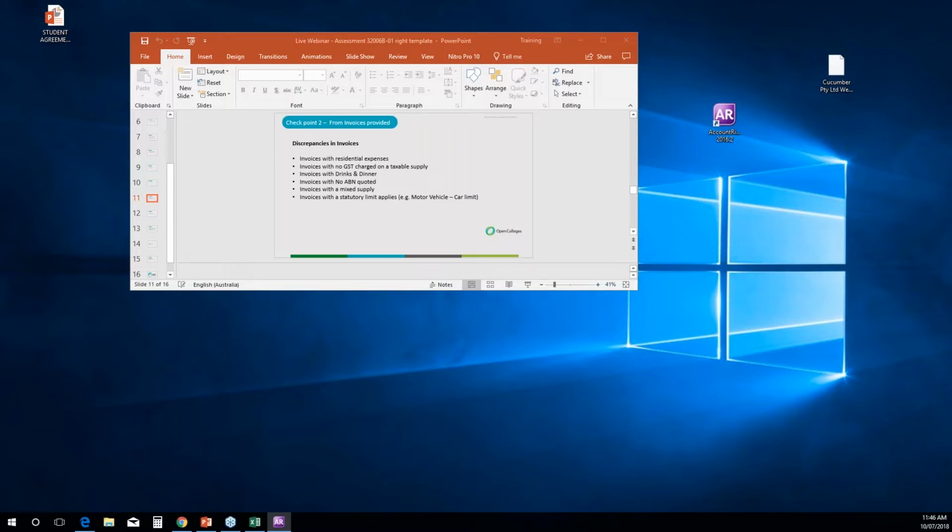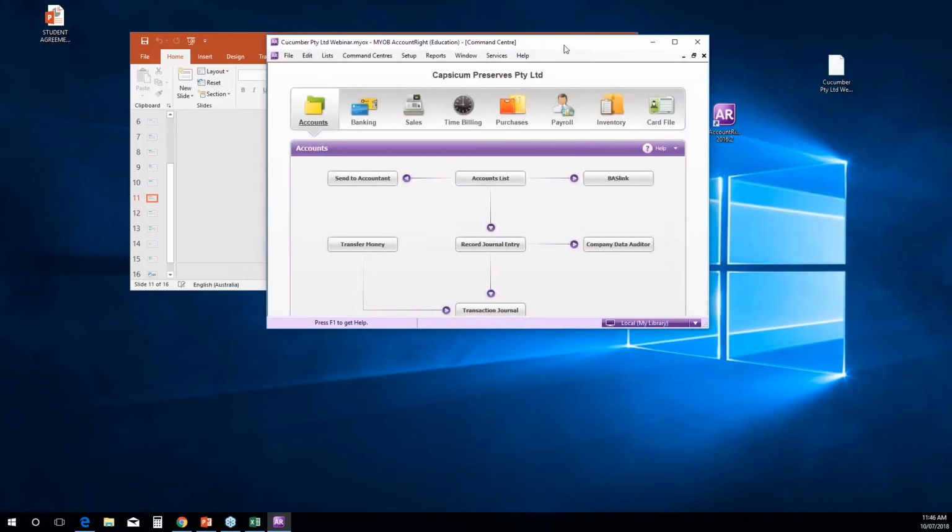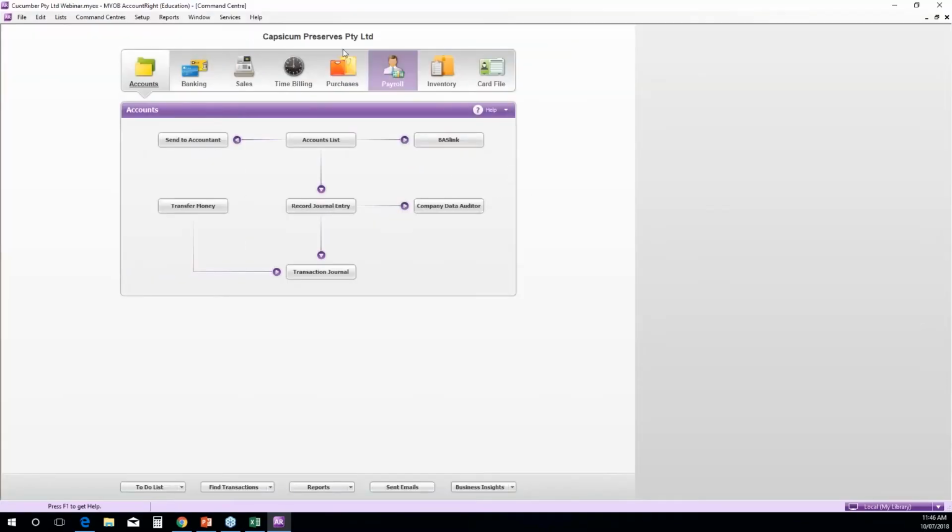I'm really sorry, but at the moment I can't move the MYOB; once it's open, I will move it to your screen. Okay, it's opening. You might ask, why didn't you open it before? But I really wanted to show how to open it. Anyway, it's open now. So let's have a look. This is supposed to be Cucumber Pty Ltd.